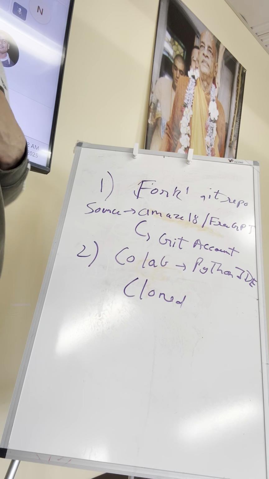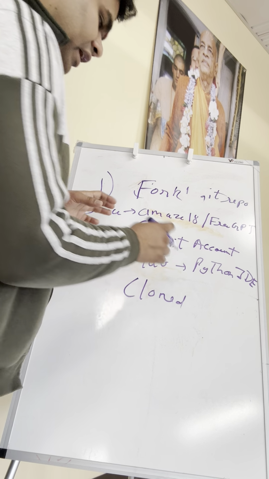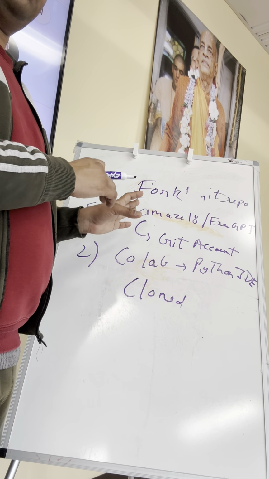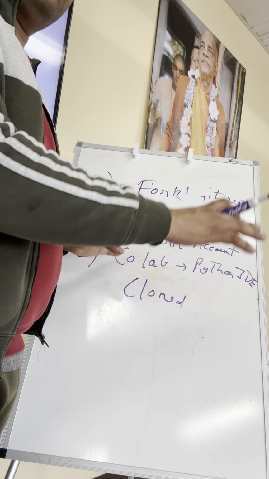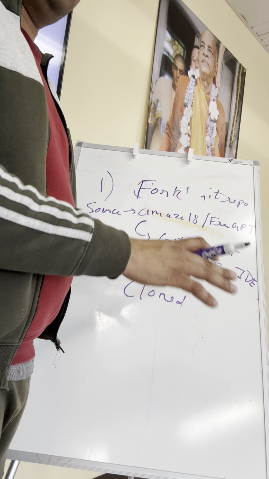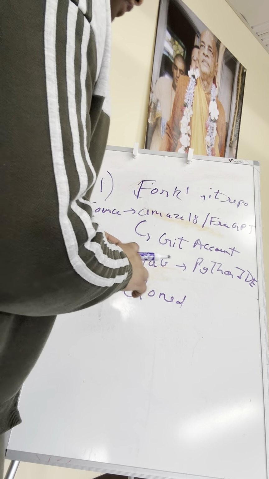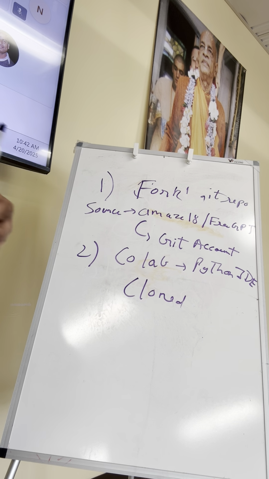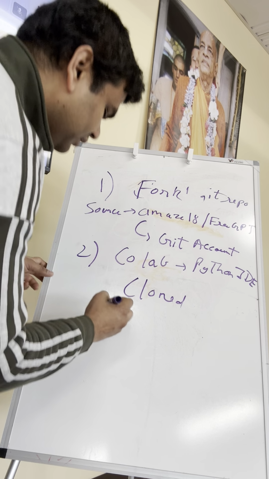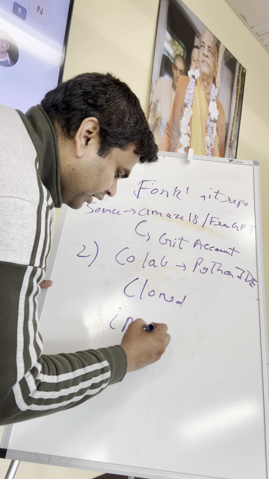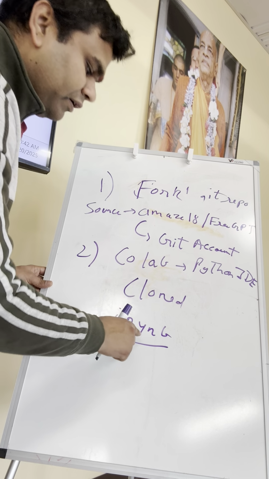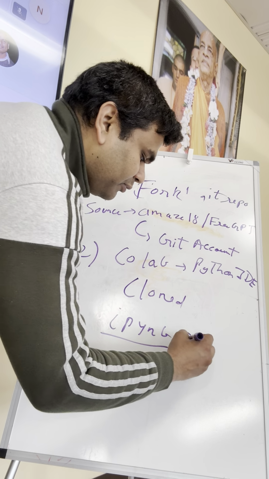Everyone clear? Now once we have cloned this, we have all the files which are there in that repo present in our Colab environment. Everything. One way would be to take the files with extension IPYNB. IPYNB stands for Jupyter Notebook.